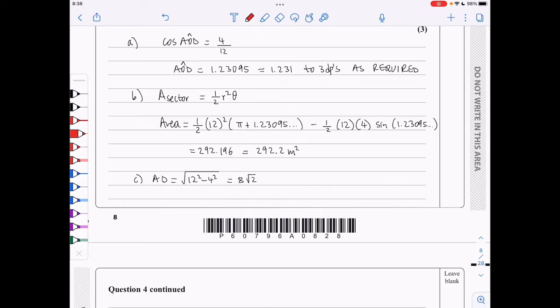We know that the length of the arc is just r theta, provided theta is in radians, and therefore the perimeter will simply be the length of the arc, which is 12 the radius times pi plus 1.23095, plus the 8 root 2 we just found plus the 16, and this is giving an answer of 79.8 meters to 1 decimal place.